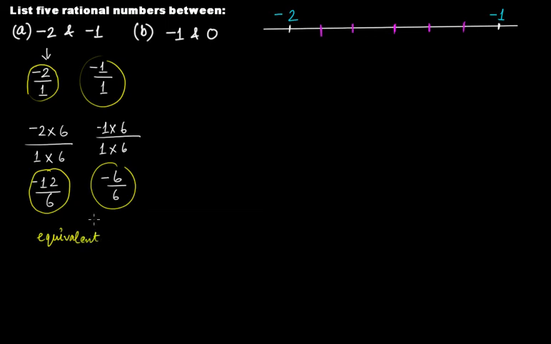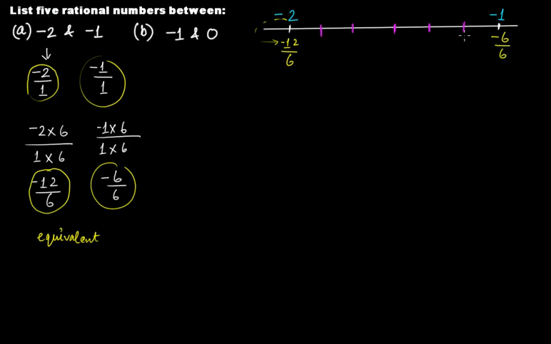So you should know what equivalent rational numbers are. Anyways, this -2 can be written as -12 over 6, and this -1 can be written as -6 over 6.